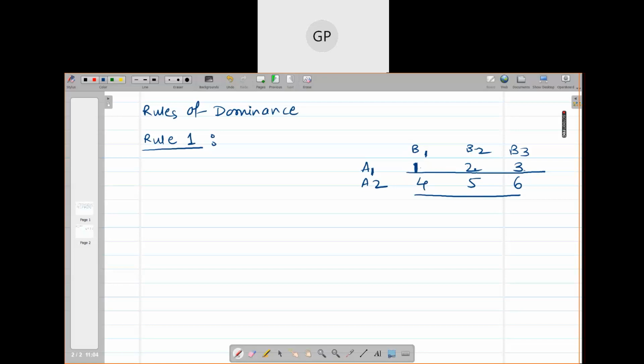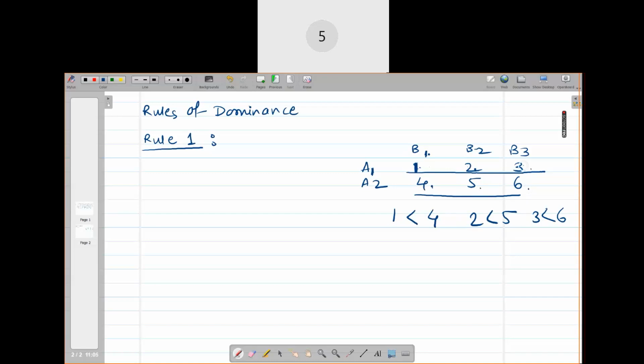What you observe here, if he selects strategy 1 and B selects strategy 1, then player A's gain will be 1. If player A selects the second strategy, his gain is more, right? So if you compare here, 1 is less than 4, 2 is less than 5, 3 is less than 6. So which strategy will player A prefer? Second strategy over the first strategy, right?